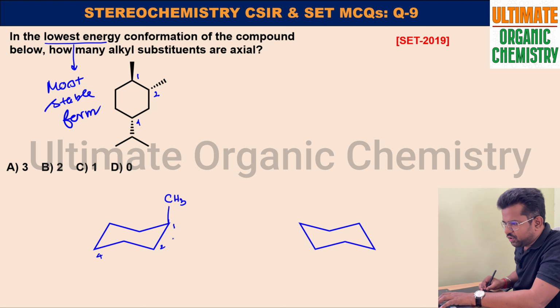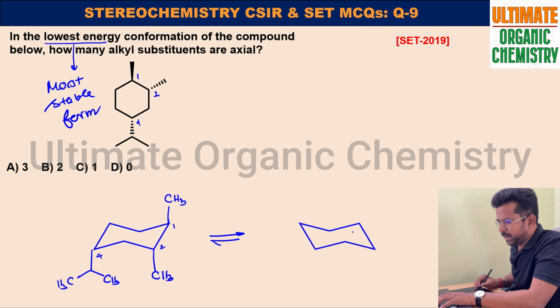Second methyl group is present below the plane. So according to this carbon, the below the plane position is axial. Fourth carbon isopropyl group is present below the plane, and according to this carbon, the below the plane position is axial. Now you need to convert this chair form into this chair form through ring flipping.